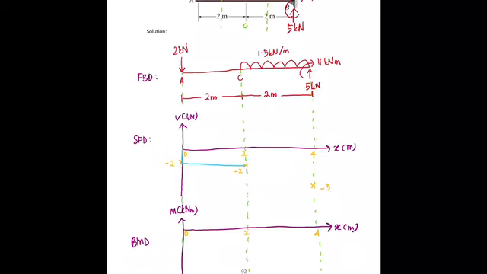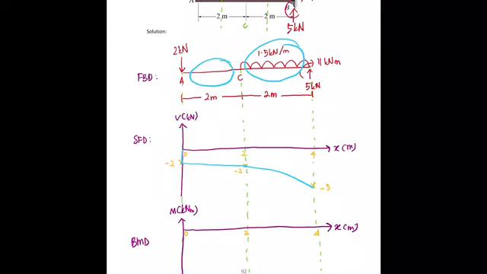And here you have a UDL. So when you take up the equation for segment CB, you can see that this is a quadratic equation. So for quadratic equation, it should be a curve. Okay, so you join this, it should be a curve.